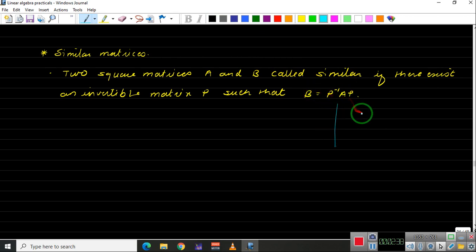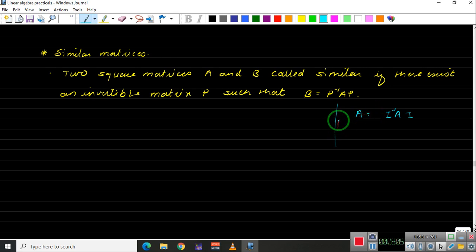Of course A will be similar to itself because we can write A as I inverse AI, where the invertible matrix P is the identity matrix. Hence A is similar to itself.